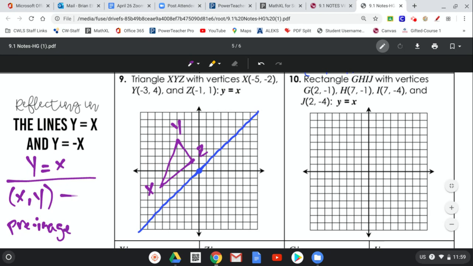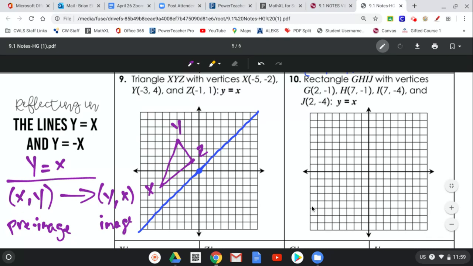What we're going to do after we reflect it is just switch those, so we switch them to yx. So you just switch the values, and that will give you the coordinates of the image. So if we start off with an x and a y, when we reflect over the line y equals x, we're going to switch the coordinates.